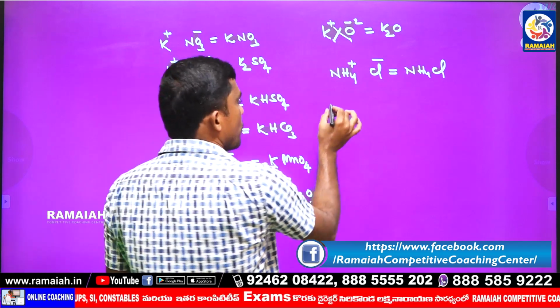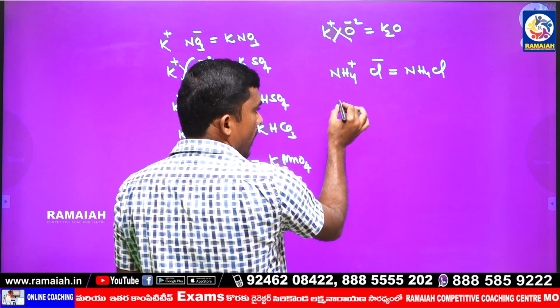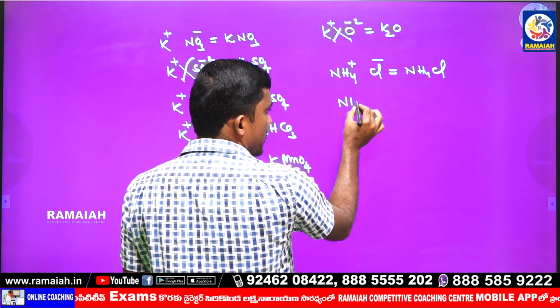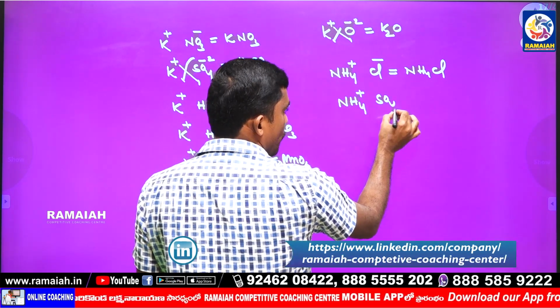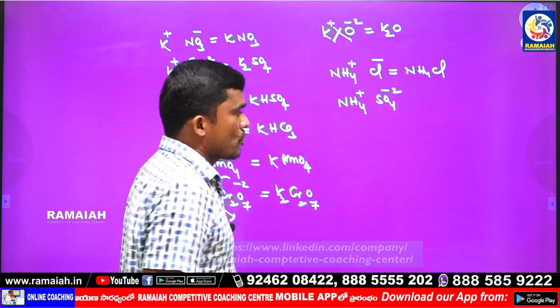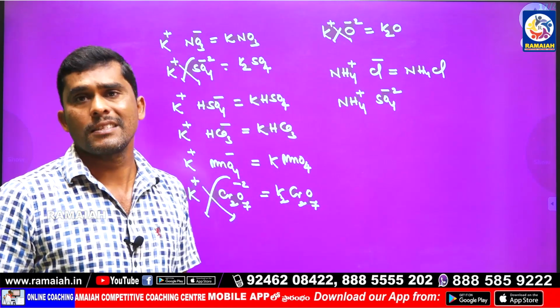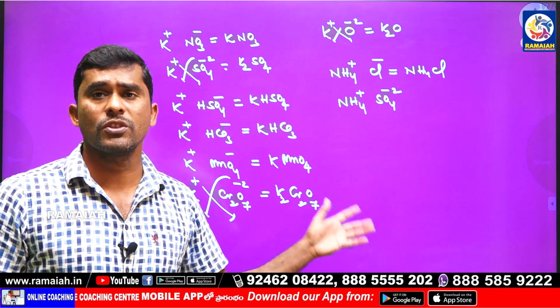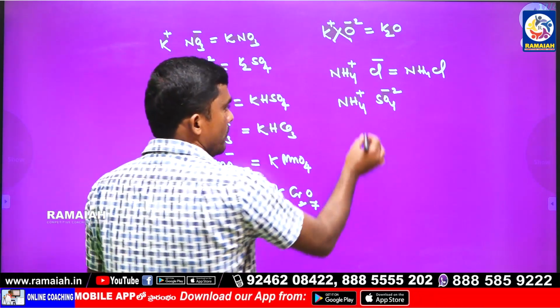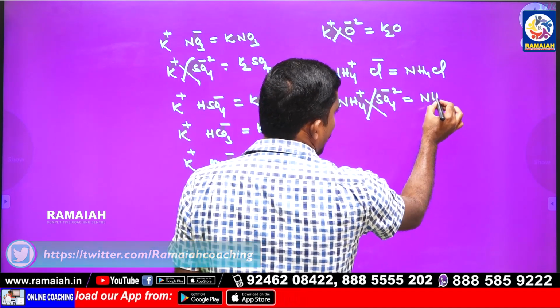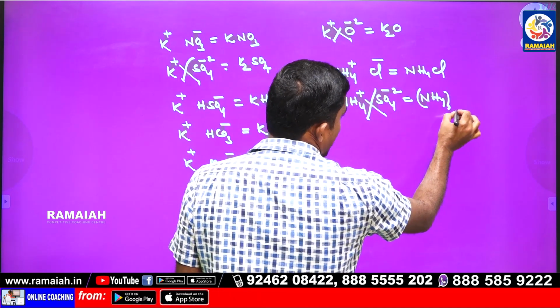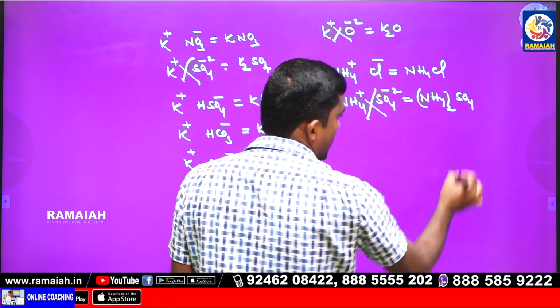Okay. For example, ammonium sulfate. Ammonium means NH4 plus. Sulfate is SO4 minus 2. So use the crisscross method here because the charges are not equal. So the formula is NH4 taken twice SO4, ammonium sulfate.